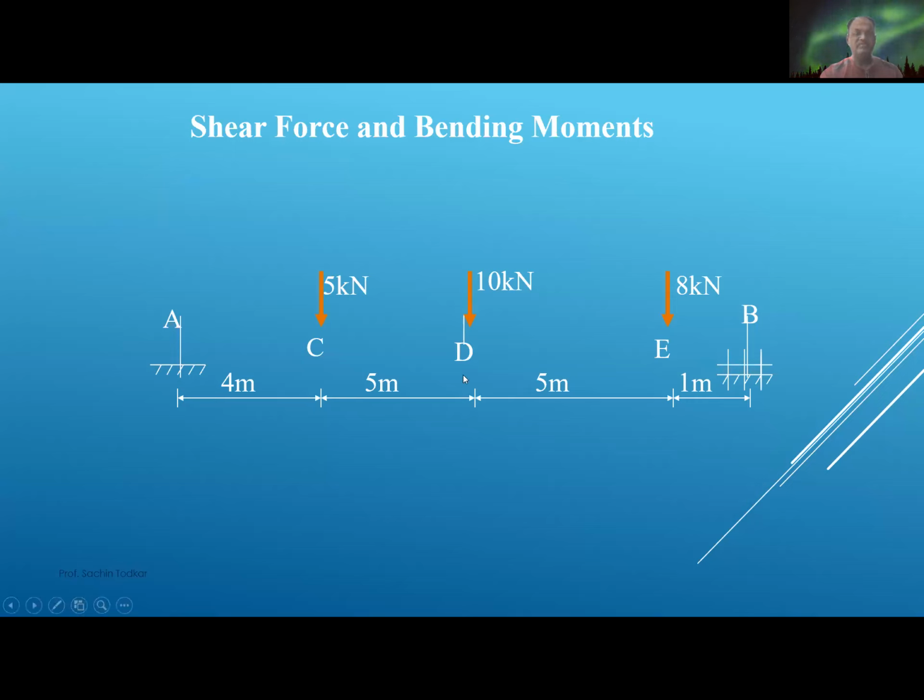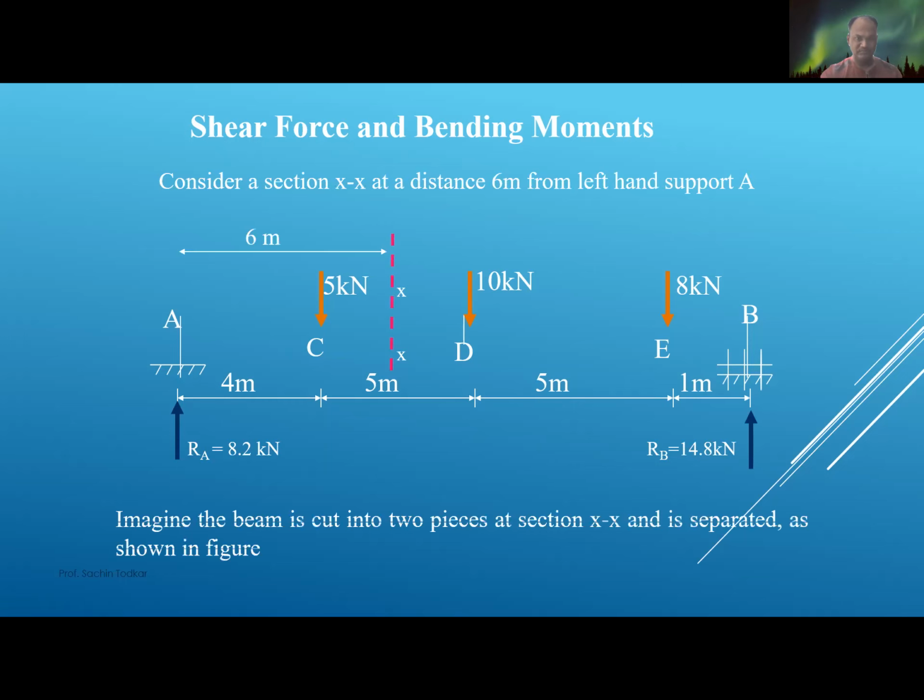Now, what is the meaning of shear force and bending moment? We are going to see with the help of this example. Suppose this beam as shown in the diagram is given, with loads of 5 kilonewton, 10 kilonewton, and 8 kilonewton at different places, and the reactions are there.